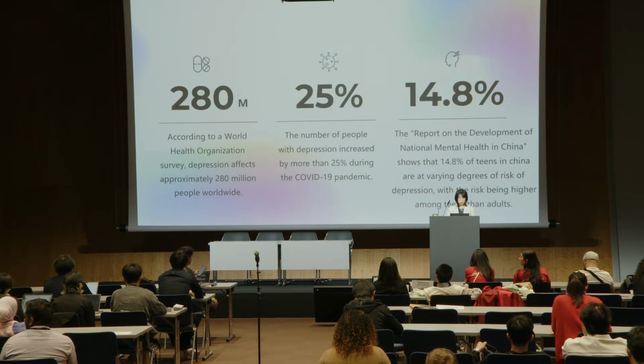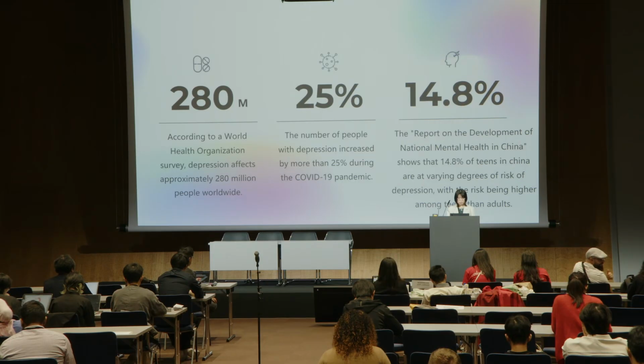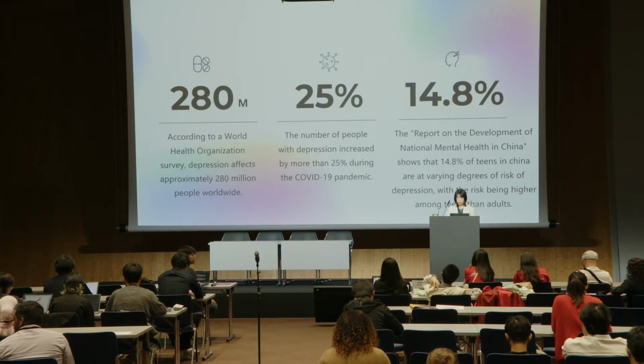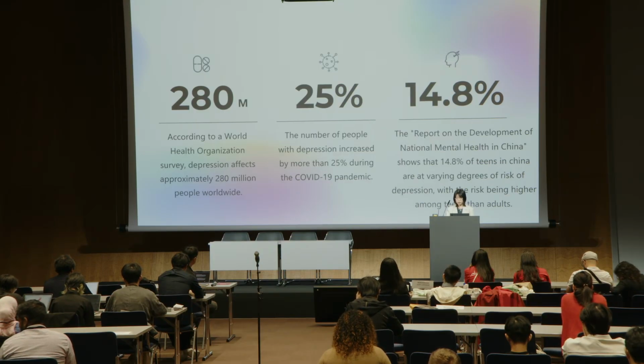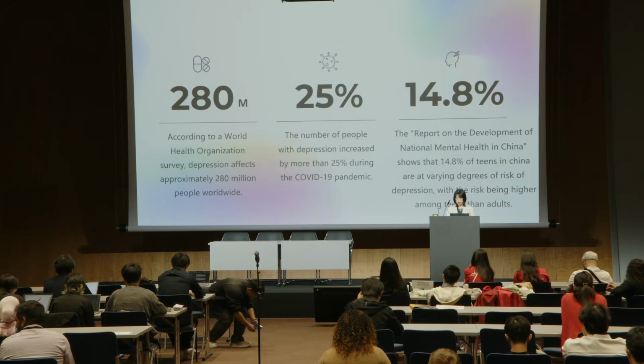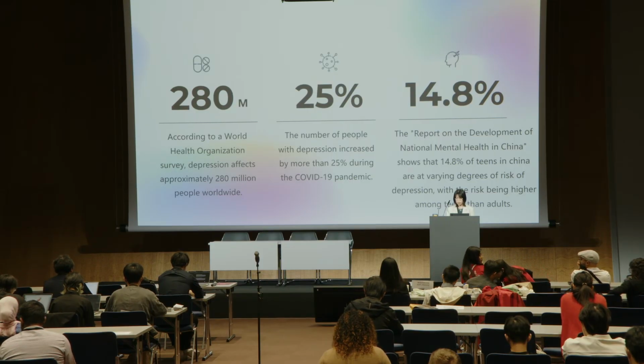According to a World Health Organization survey, depression affects about 118 million people worldwide, and the number of people with depression increased by more than 25% during the COVID-19 period. The report on the development of national mental health in China shows that 14% of teens in China are at varying degrees of risk of depression, with the risk being higher among teens than adults.